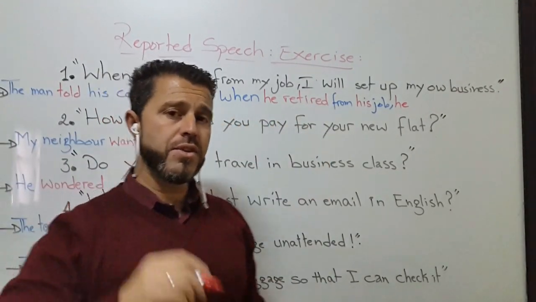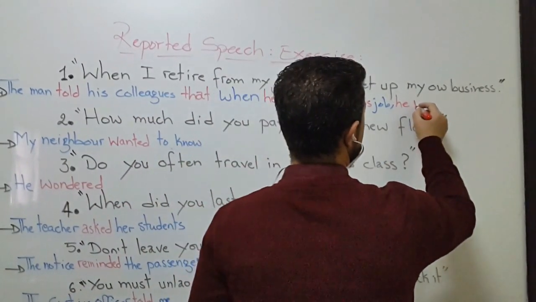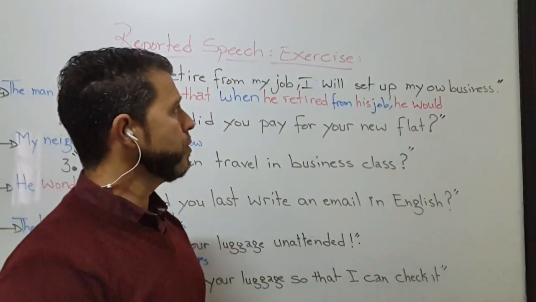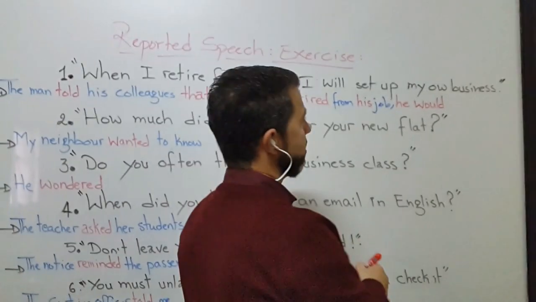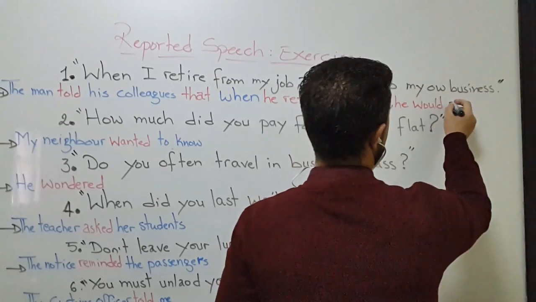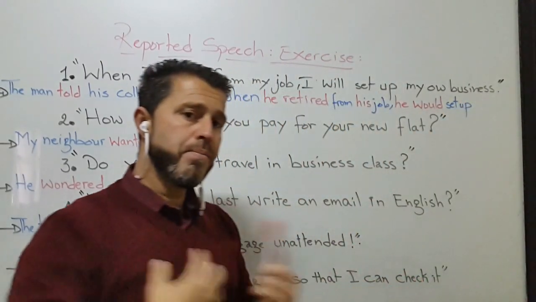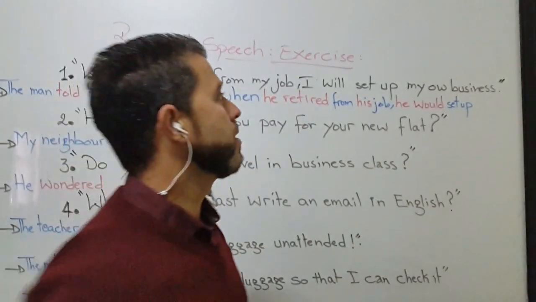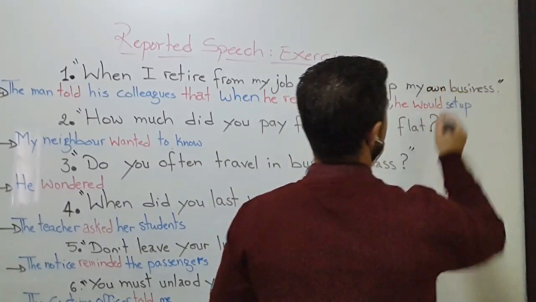He. We have will. If you still remember, will changes to what? Would. Good. He would, okay, but when he retired from his job, he would what? Sit up, okay, the verb stays as it is, it should be infinitive. Set up what? My own business, okay, sorry, I forgot here, in my own business.